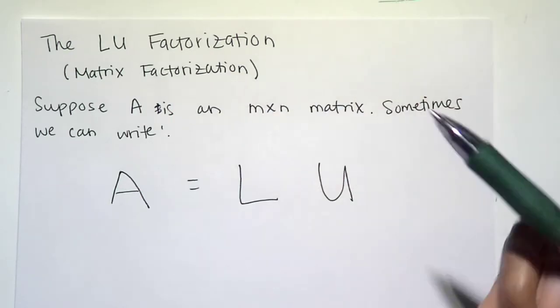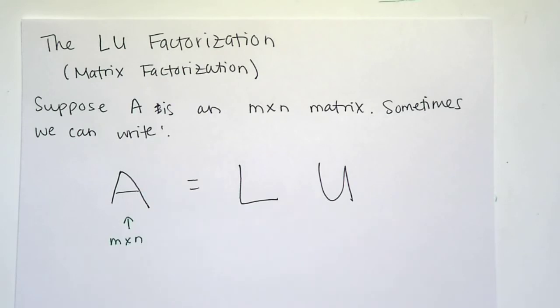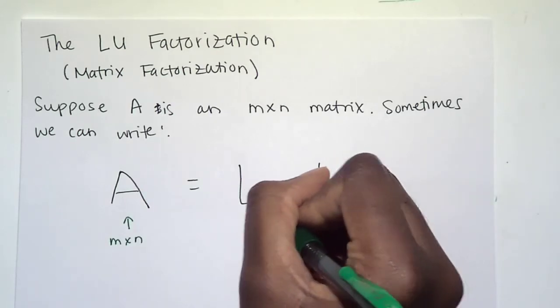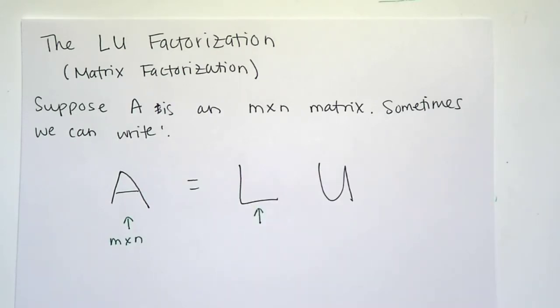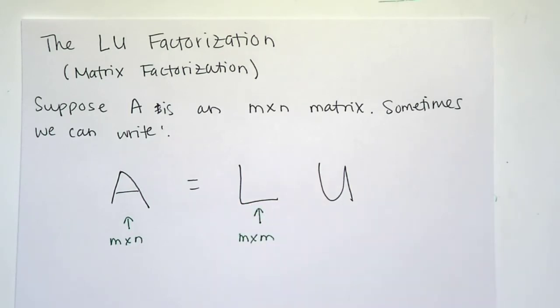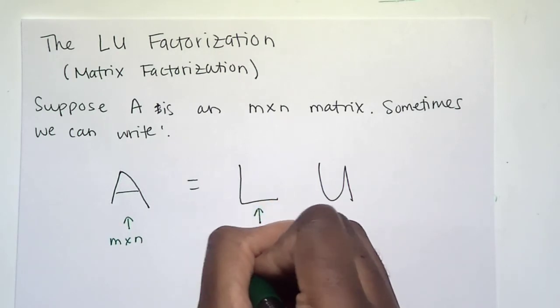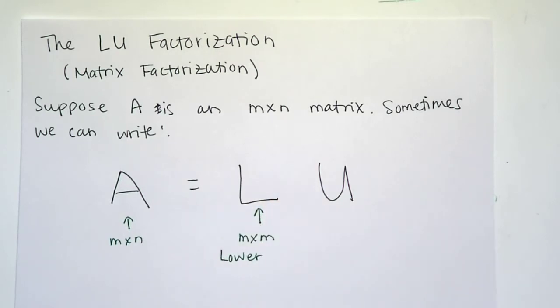where A is our original matrix. It's an M by N matrix. L is an M by M, so it's a square matrix, and it's also lower triangular. And we'll talk about what all this means.